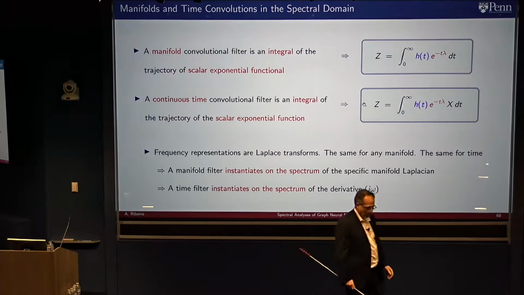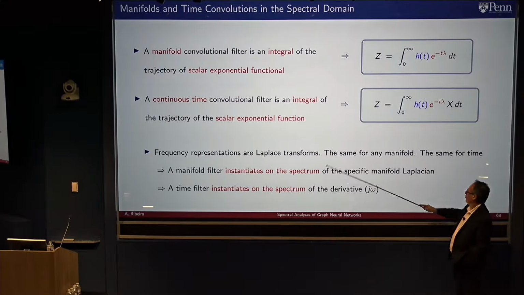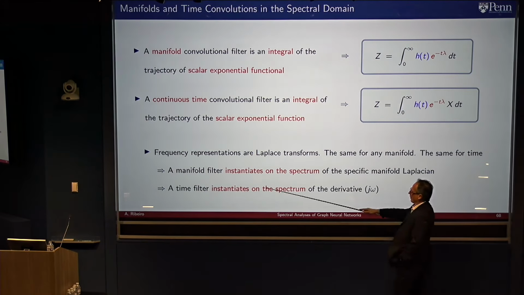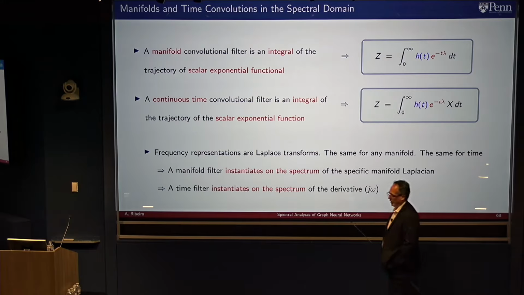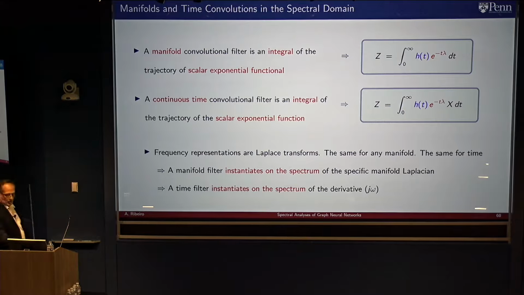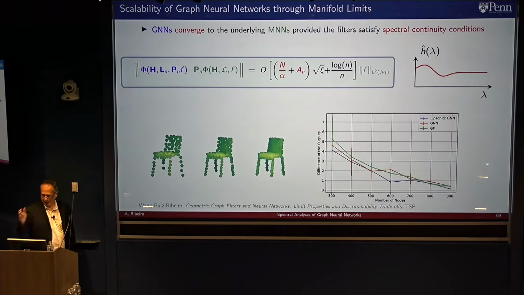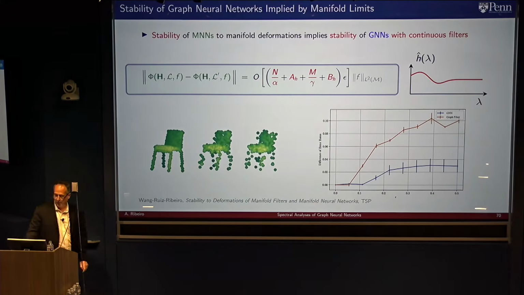Those Laplace transforms, in the case of a manifold filter, are instantiated on the spectrum of the specific manifold Laplacian, and in the case of time, they are instantiated on the spectrum of the derivative. The spectrum of the derivative is j omega, and if you put j omega over there, that's your Fourier transform, as you should have expected. And yeah, you'll believe me now that I've moved into the frequency domain, that I can prove scalability of graph neural networks through manifold limits, and that I can prove stability of graph neural networks through manifold limits.